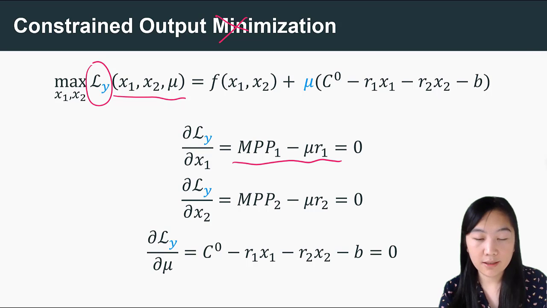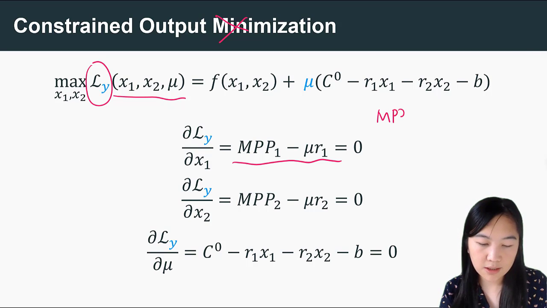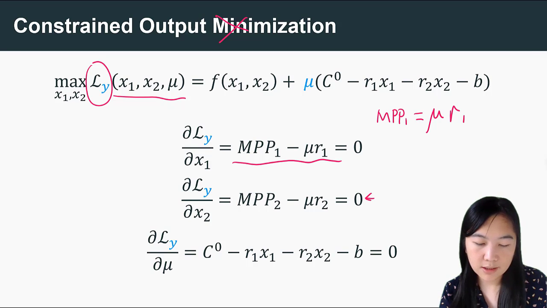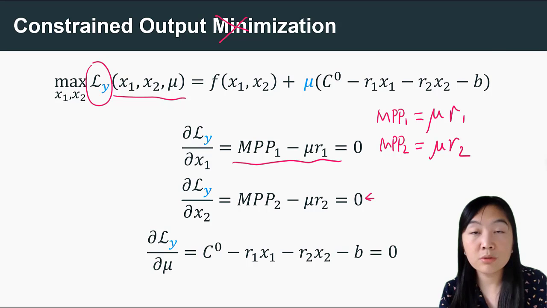We can simplify these conditions. This one is MPP1 equals mu times R1. And this condition is MPP2 equals mu times R2.